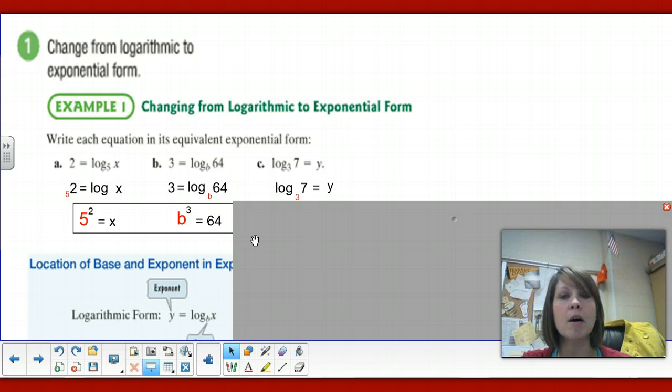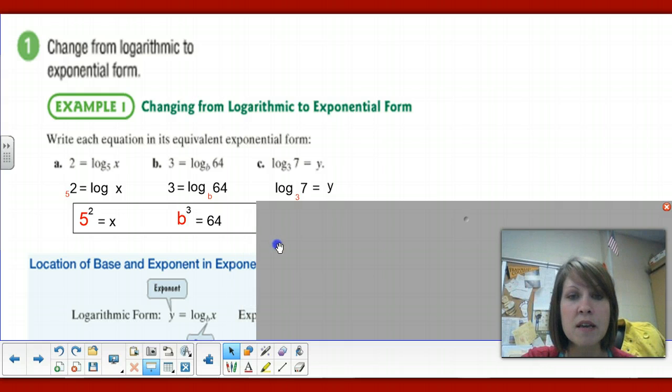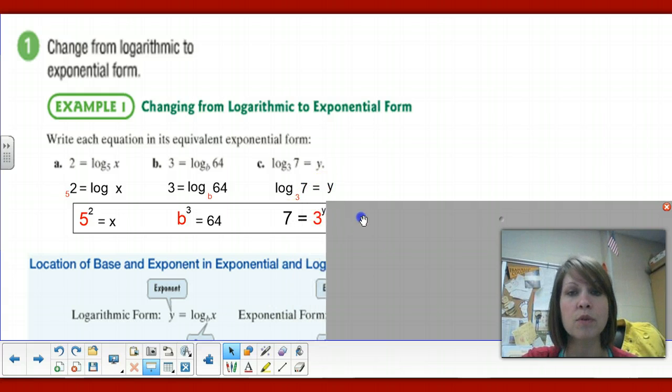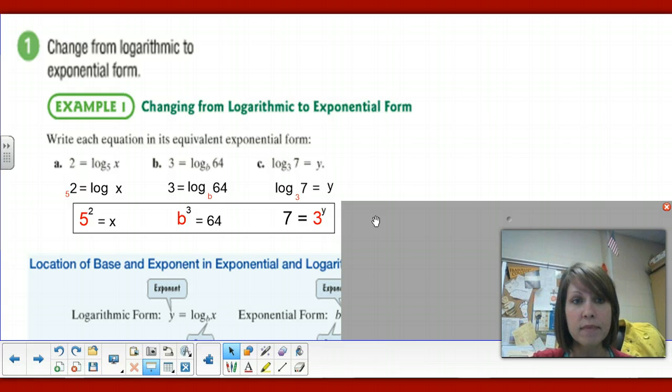Okay? And then on part C, the base is the 3. This time we're going to move the 3 over to the right. So it's going to be 7 equals 3 to the y. Okay, that's just changing from logarithmic form into exponential form.